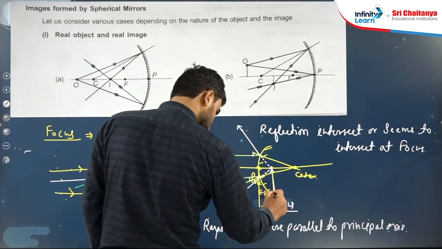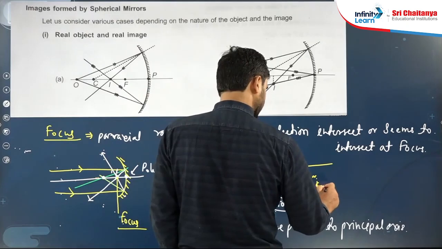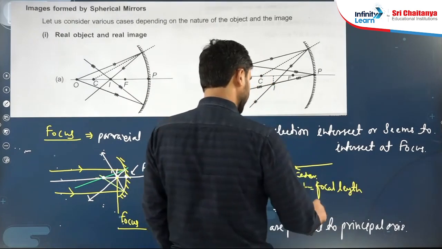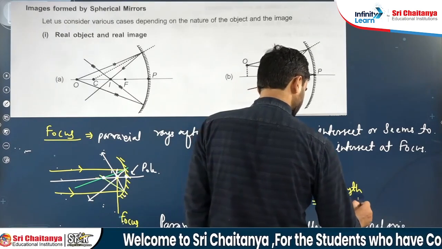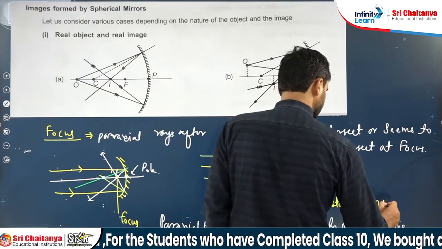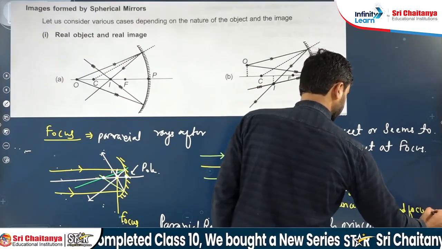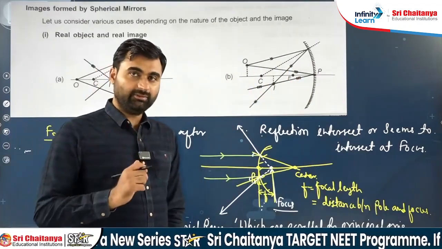We represent it by f. So what is f? f is focal length. Focal length means distance between pole and focus.